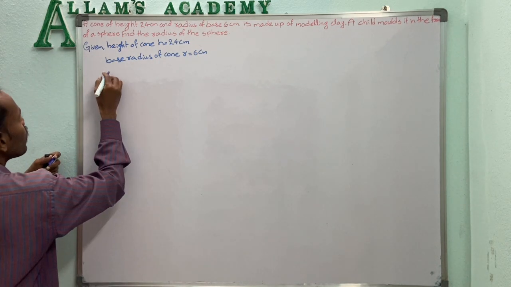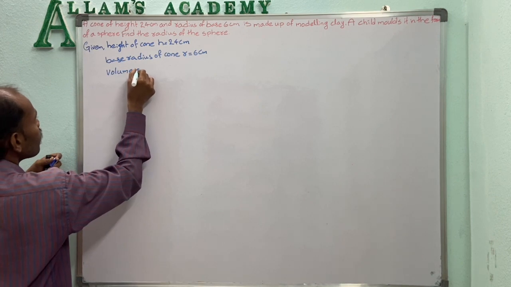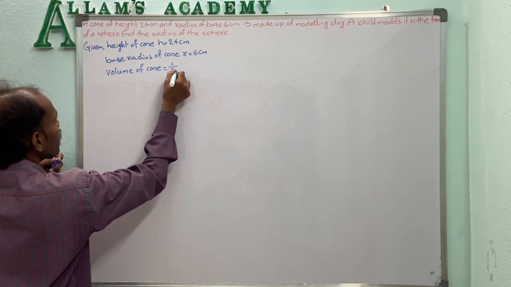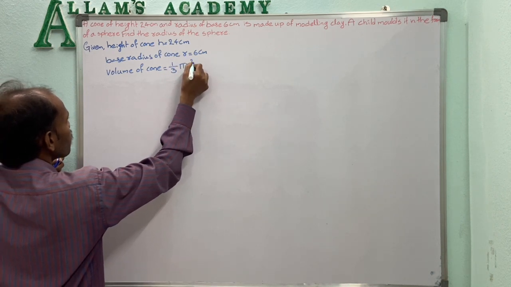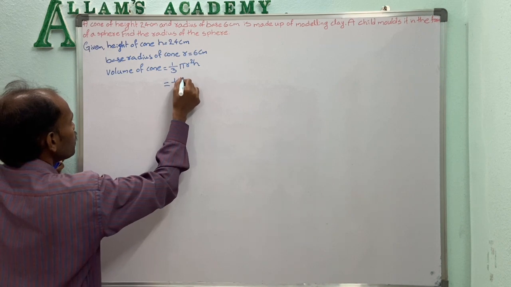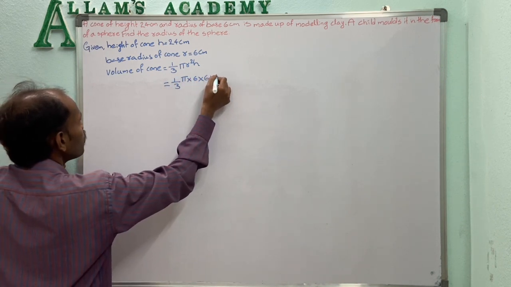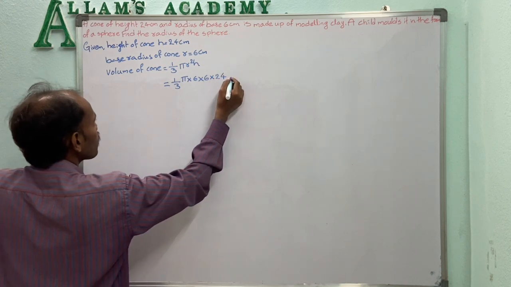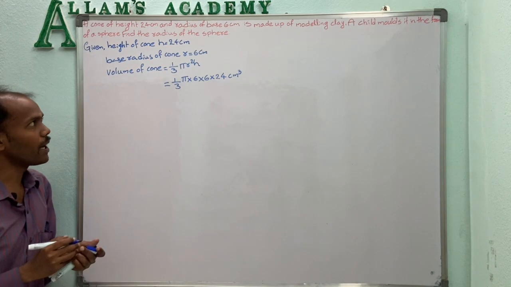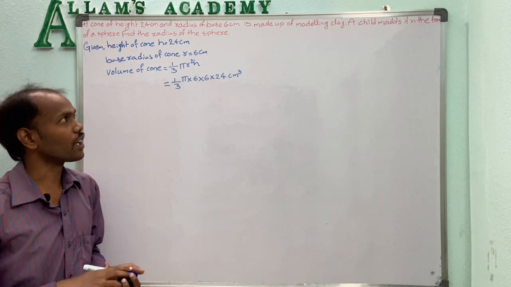Now the volume of the cone is equal to 1 by 3 pi r squared h, that equals 1 by 3 into pi into 6 into 6 into 24. So the volume of the cone is pi by 3 into 6 into 6 into 24 cubic centimeters.